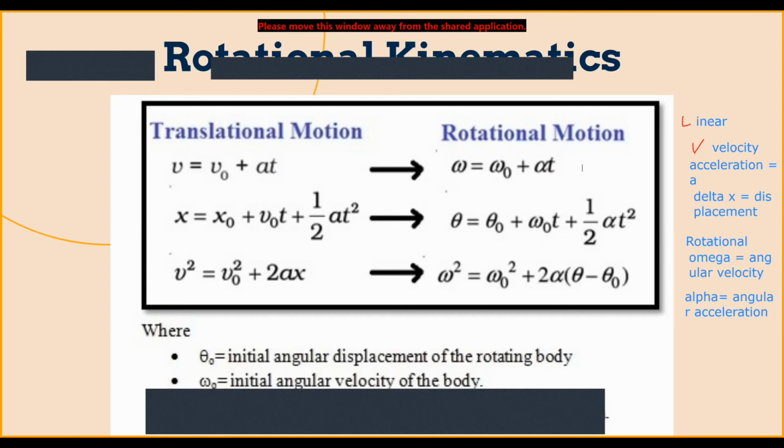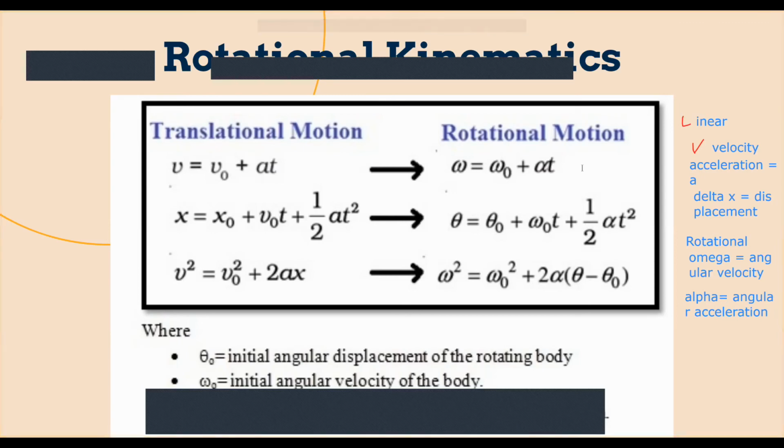It's more detailed, like the original equations. When we say delta x, we're saying the same thing, but we move the x naught to the other side. So it becomes x minus x naught, and that's change in displacement, which is your final position minus your initial position.